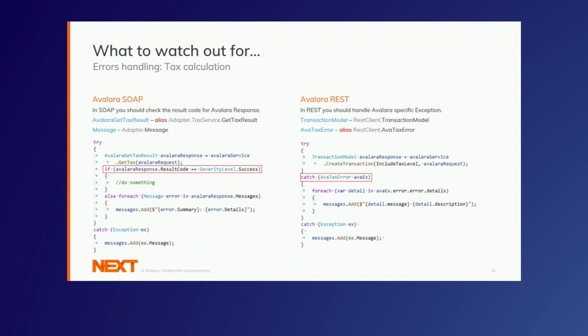In REST, you should handle errors the same way for other features like posting a document, committing a document, and voiding a document. And please also note, I'm not talking about unhandled exceptions here, so I would still recommend you to wrap your call in a try-catch expression in both SOAP and REST.